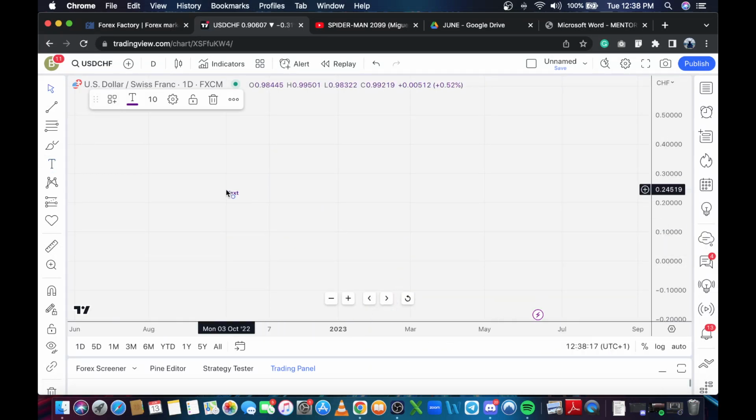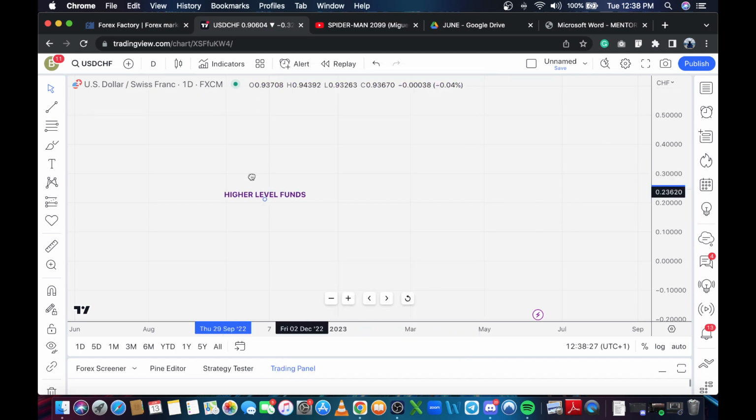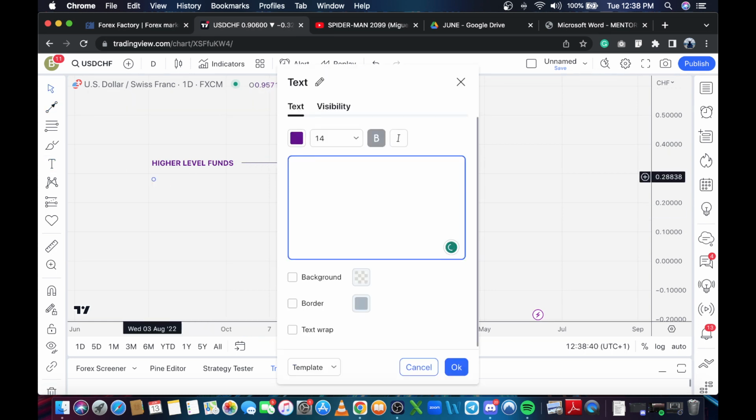Okay, so the progression is we have the higher level funds, and what happens here is price is going to seek higher level funds. We're more interested in monthly, weekly, or daily time frame.